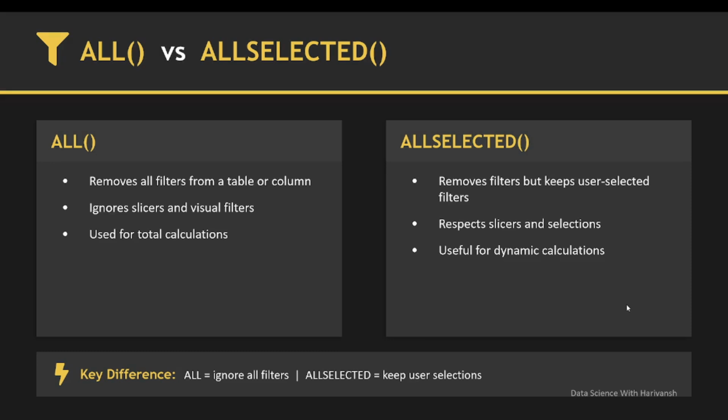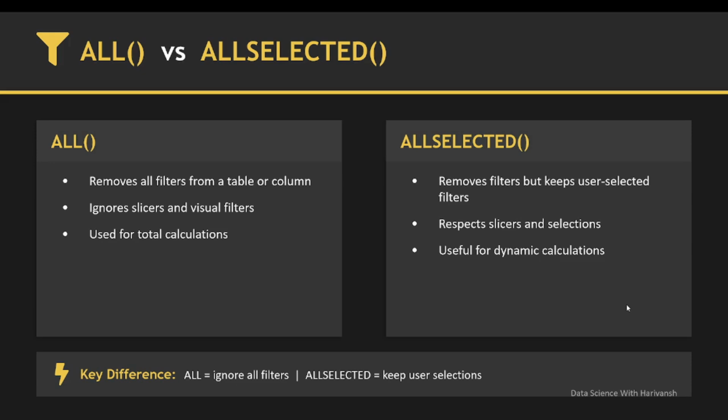The ALLSELECTED function behaves differently and is more nuanced. Like ALL, it removes filters from the specified table or column, but with one very important exception. It preserves and respects the filters that the user has explicitly applied through slicers and visual selections.